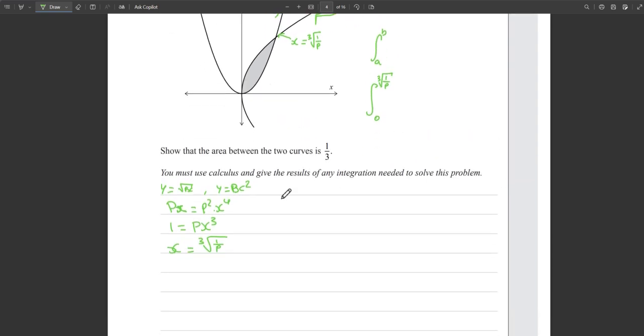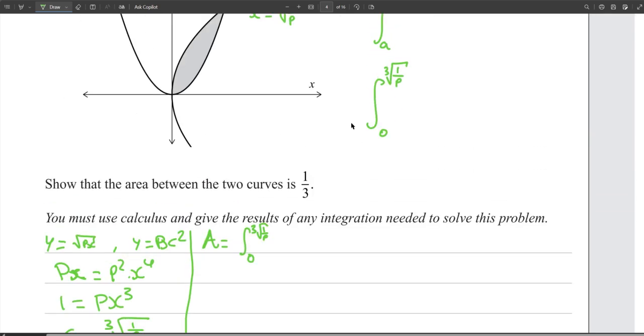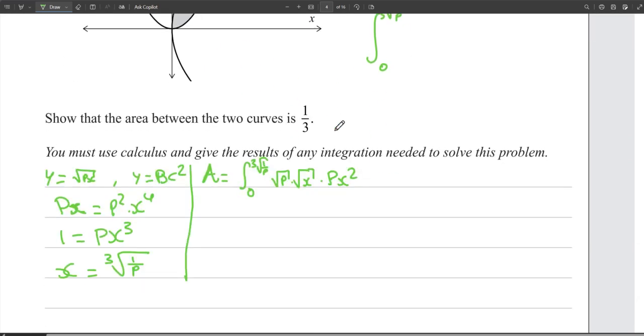So setting up the integral, we can write area is going to be the integral from 0 to the cube root of 1 on p of root p times root x minus px squared. Pretty sure it's px squared. Yeah, and dx. Cool. And now we can literally just integrate this.